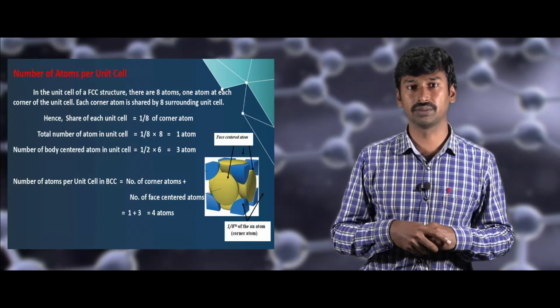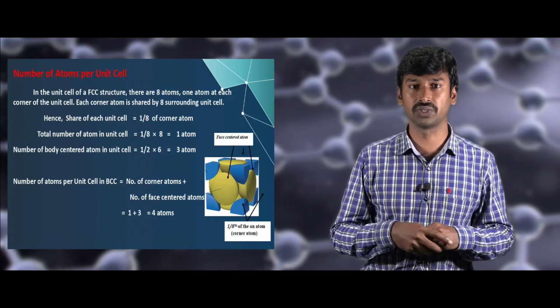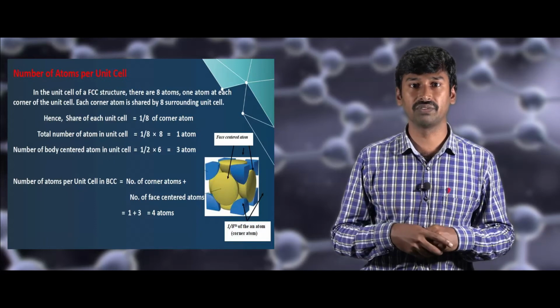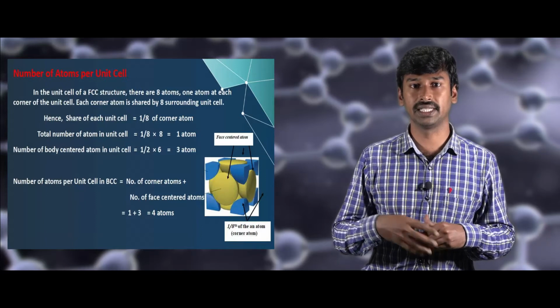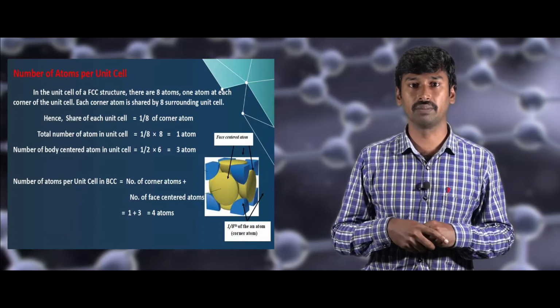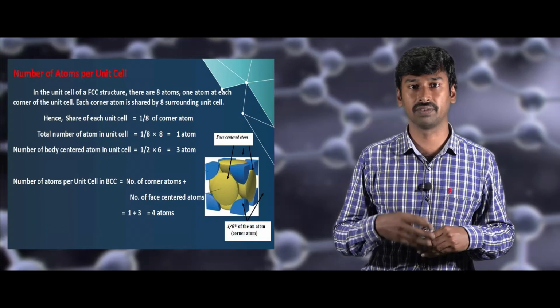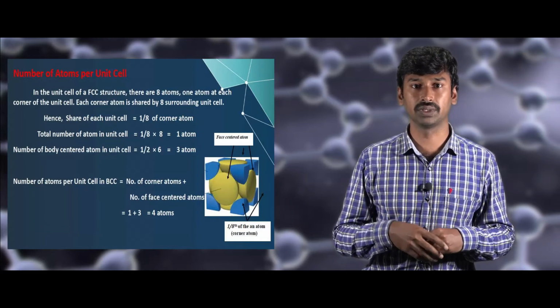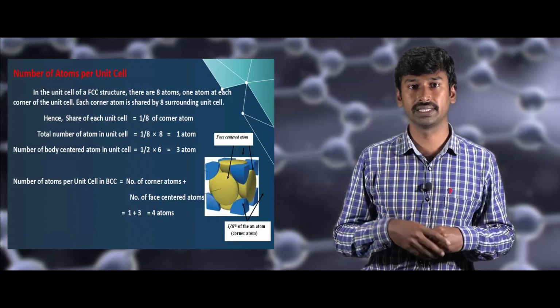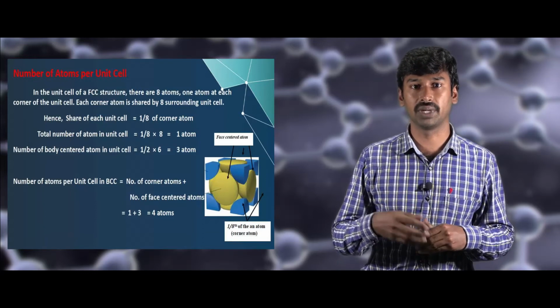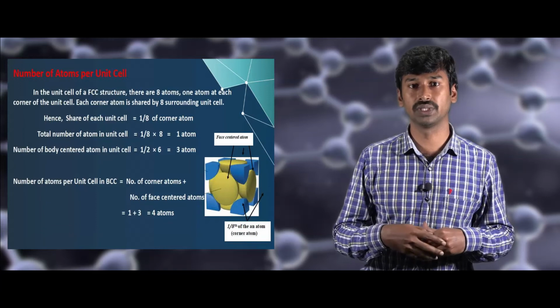These face center atoms are shared by 2 of its surrounding unit cells. Then the number of face center atoms is given by 1 by 2 into 6, that is 3 atoms. Hence, the total number of atoms in the unit cell is given by number of corner atoms plus number of face center atoms, that is 1 plus 3 is equal to 4 atoms. The number of atoms in the unit cell is shown in this figure.